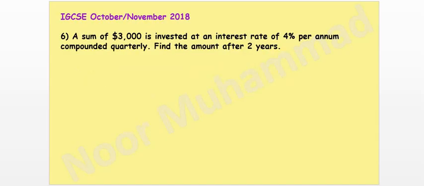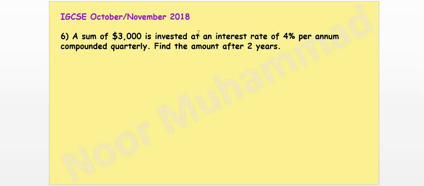Okay, question number 6. It's a tricky question. It says a sum of $3,000 is invested at an interest rate of 4% per annum, compound quarterly. Find the amount after 2 years.